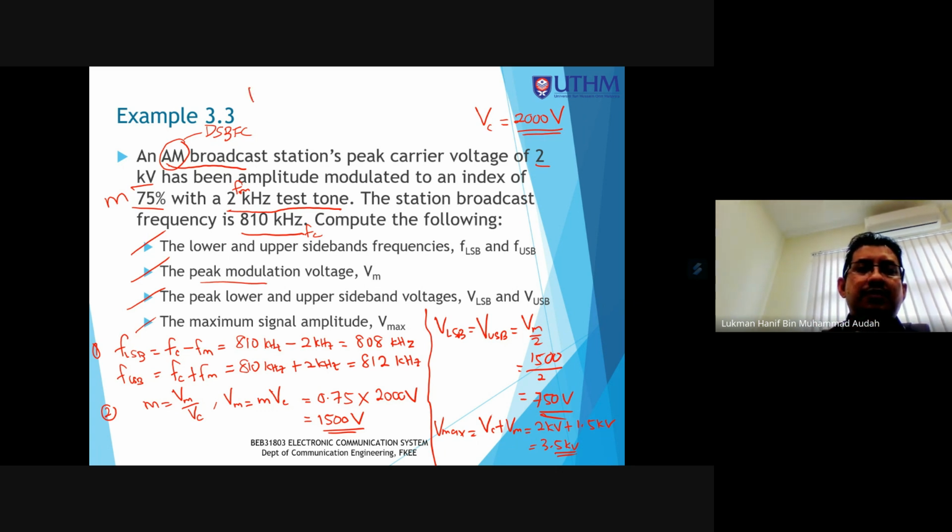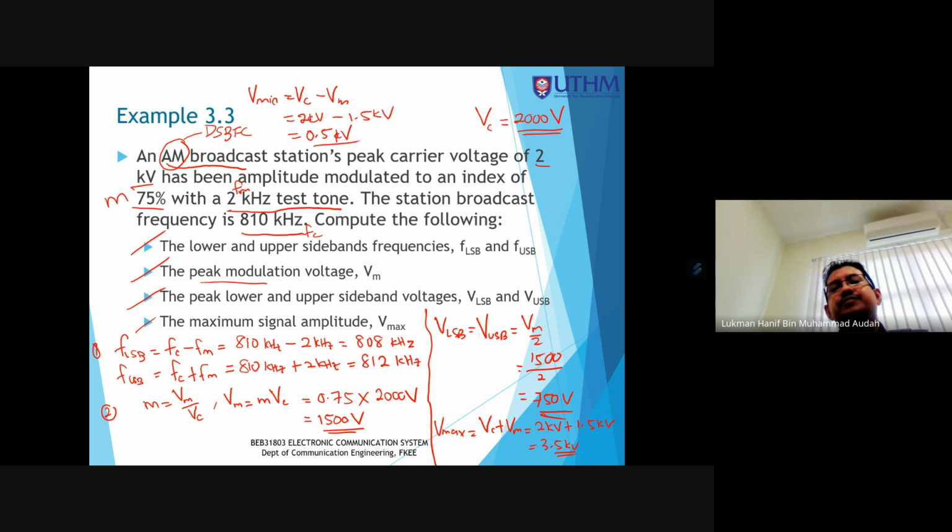Vmin is equal to Vc minus Vm. So this is equal to 2 kilovolt minus 1.5 kilovolt. So this is 0.5 kilovolt.